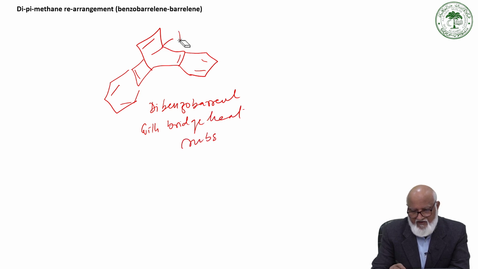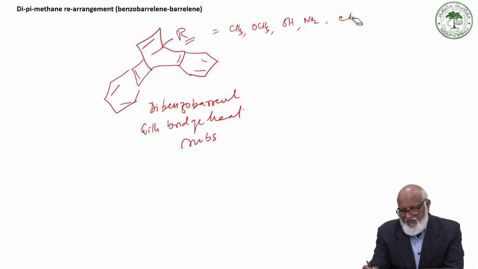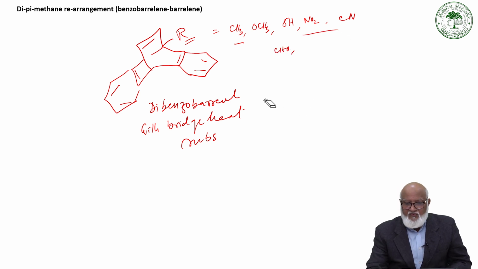So you can have an R here, different R substituent like R could be a methyl group, methoxy group, OH group, OR, of course is already nitro, NO2, cyano, and so on. So you can have an electron donating group, CHO as well, electron withdrawing group, and so on and so forth.